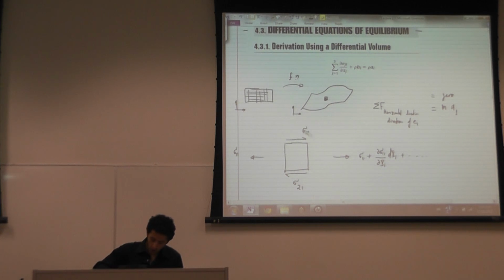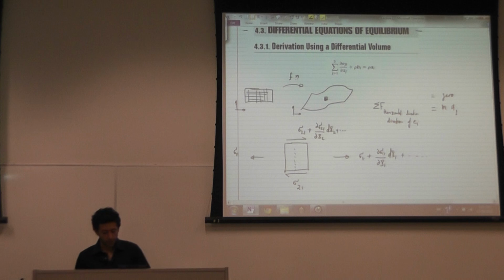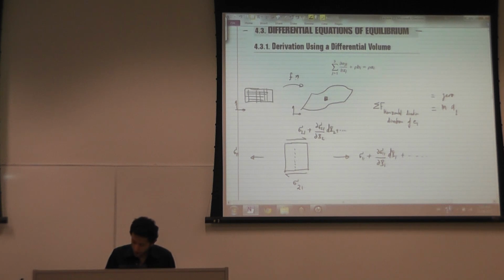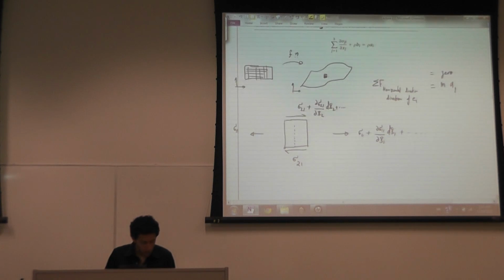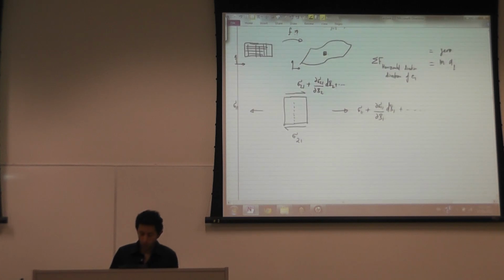They're equal, but according to my convention, I call this sigma 2,1 plus how sigma 2,1 changes with respect to the vertical component, multiplied by the vertical component, plus a little bit more. I also have a few other horizontal forces, which are as follows.